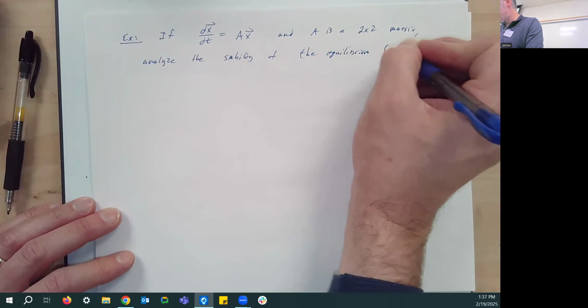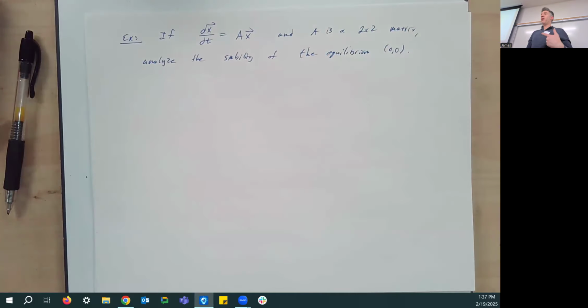That's a lot of words to say: find the eigenvalues, look at them, and tell me whether you have a sink, a saddle, or a source.